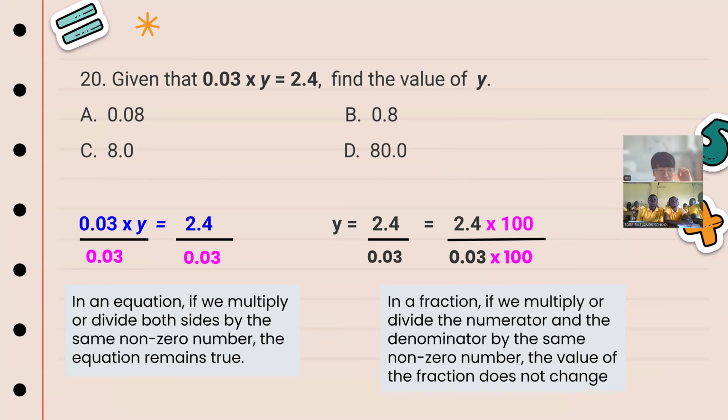So, given that 0.03y equals 2.4, can you find the value of y for this?